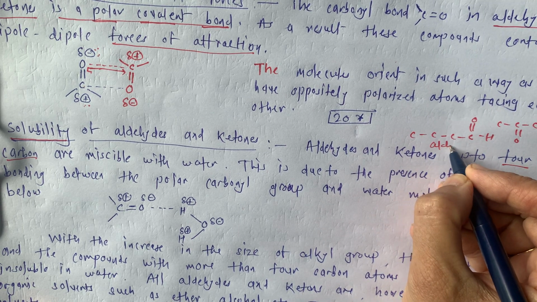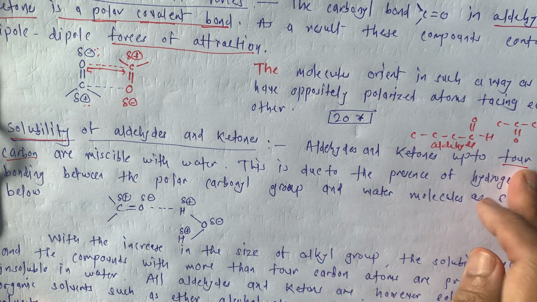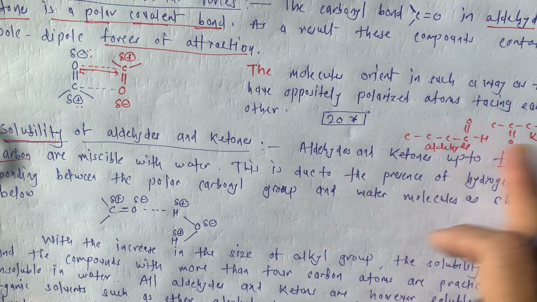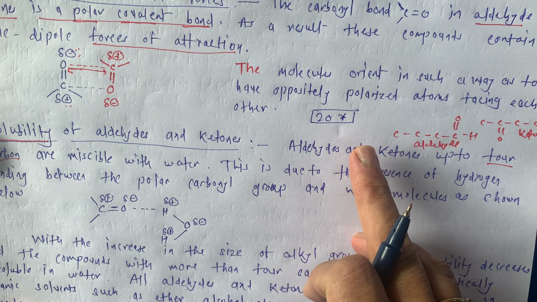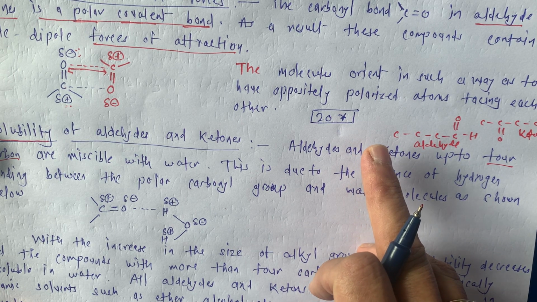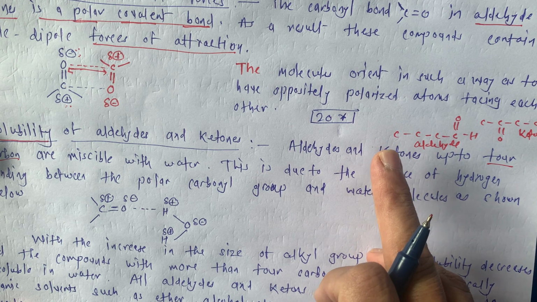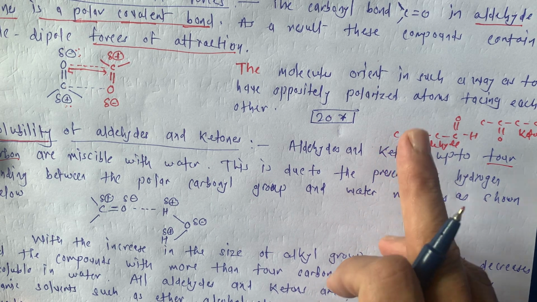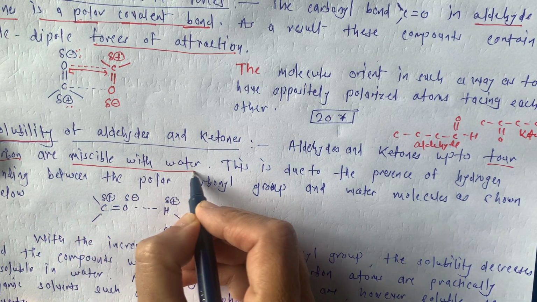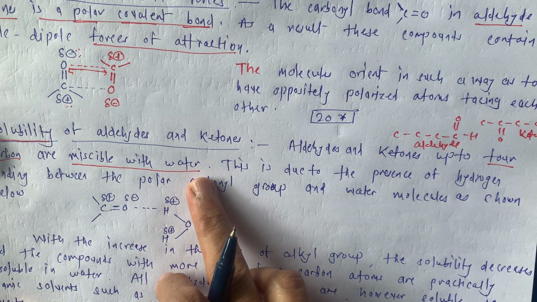So this is aldehyde up to 4, and this is ketone up to 4. Start with formaldehyde, 1 carbon, then acetaldehyde, 2 carbons, then propionaldehyde, 3 carbons, then butanaldehyde, 4 carbons. So up to 4 carbon, these are miscible with water.